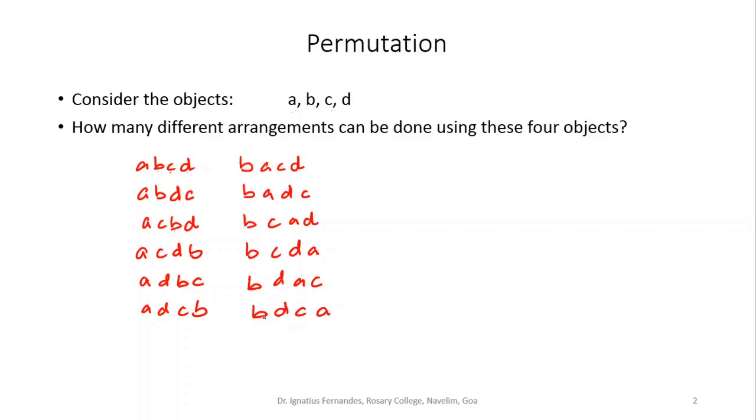Again, I get six different patterns with B in the first place, and I got six different patterns with A in the first place. The same way, I may have C in the first place.